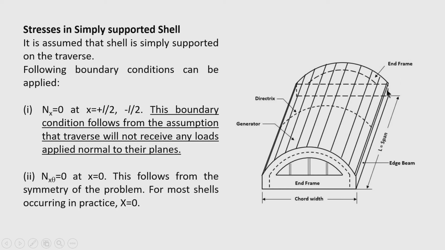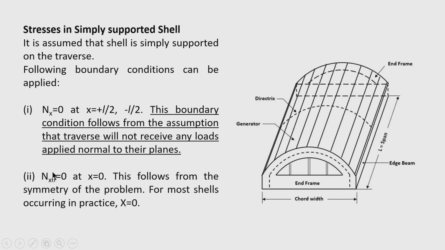So, if the span of the shell is L, then at x equal to plus L by 2 and x equal to minus L by 2, two transverse are there and there the N_x is 0. So, substituting this boundary condition that N_x is equal to 0 at x equal to plus L by 2 and minus L by 2, we can get one constant.